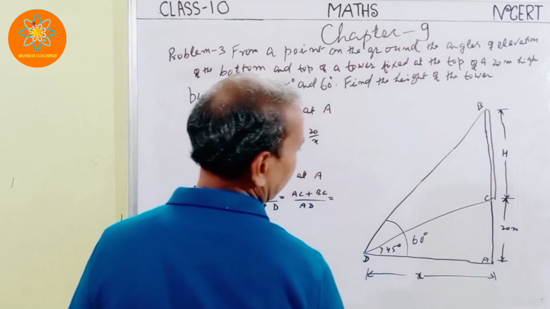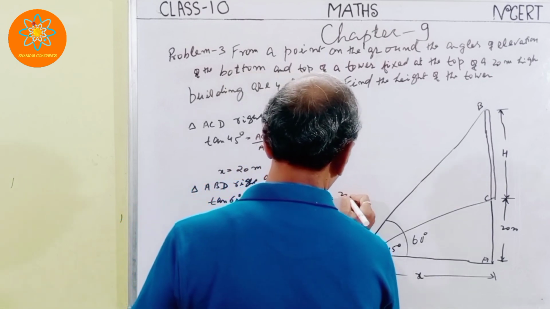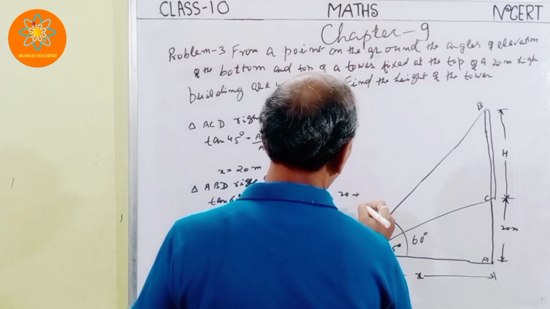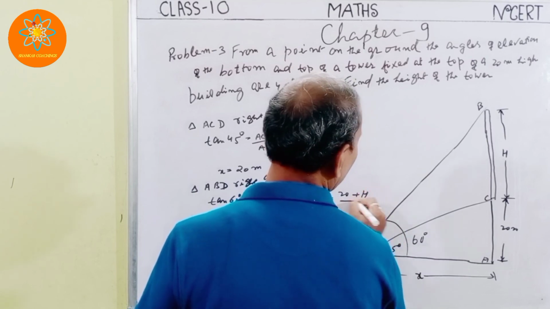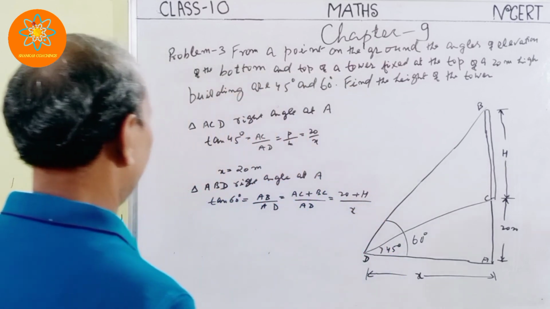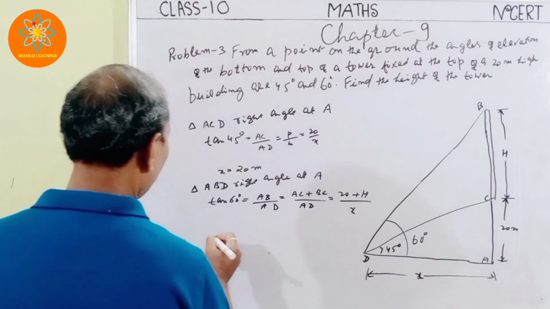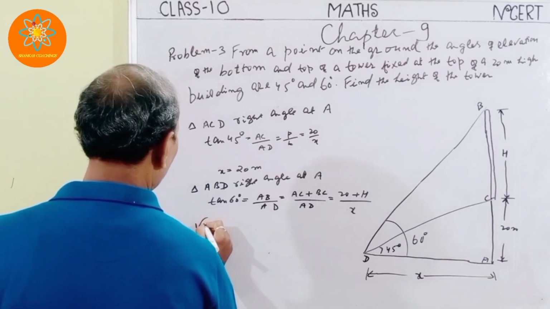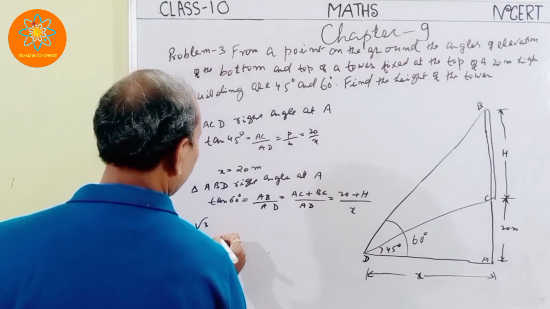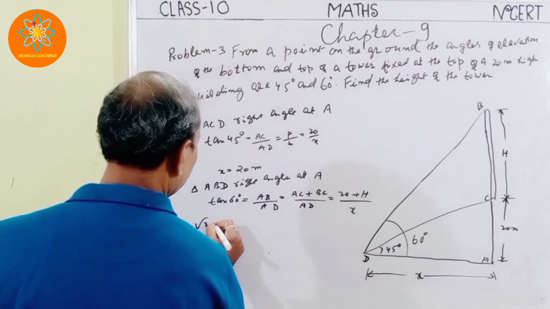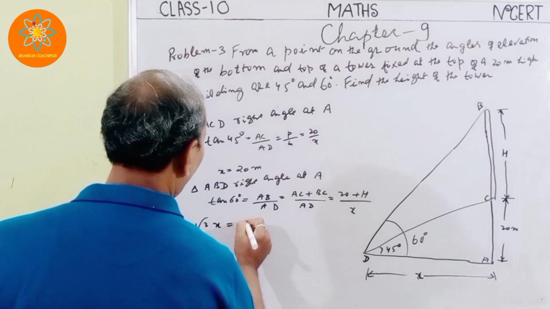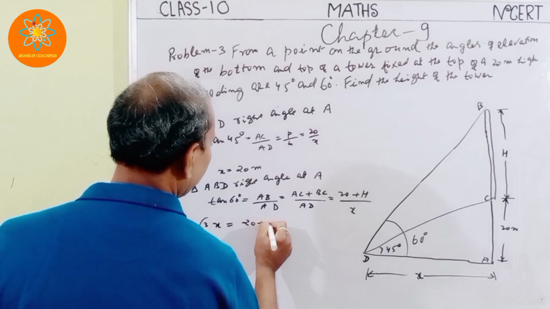AC is 20, plus h, divided by x. So tan 60 degree is root 3, and root 3x is equal to 20 plus h.